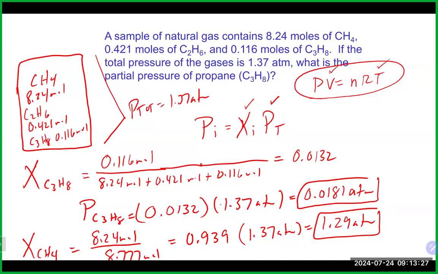We also see kind of what we saw a second ago. Out of all three of these, it is methane, which is the lightest of all three, that contributes most of the pressure in that mixture. Since the total pressure is 1.37, methane in this case is actually contributing 1.29 atmospheres of that. And again, because it's lighter, it's flying around faster, causing more collisions than, say, propane, which is heavier, causing the least number of collisions probably, and 0.01 in terms of atmospheres.